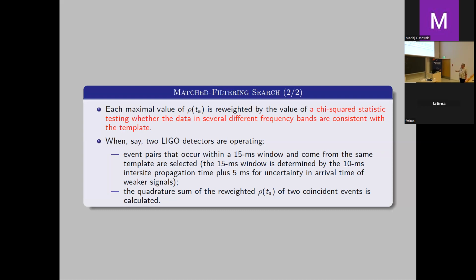And finally, if we have two detectors, the detection statistic is just the quadrature sum of the two signal-to-noise ratios taken from the individual detectors.